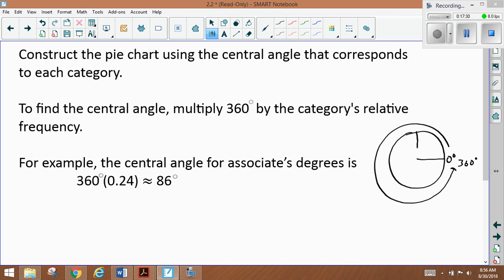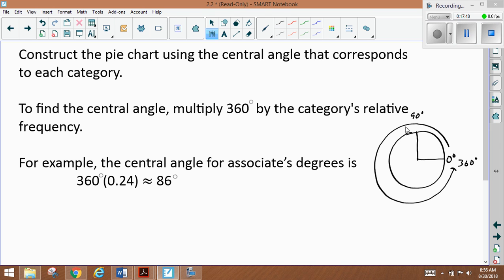So a quarter of your circle, 25%, would be right there at 90 degrees. And that's how you get that graph to be accurate.